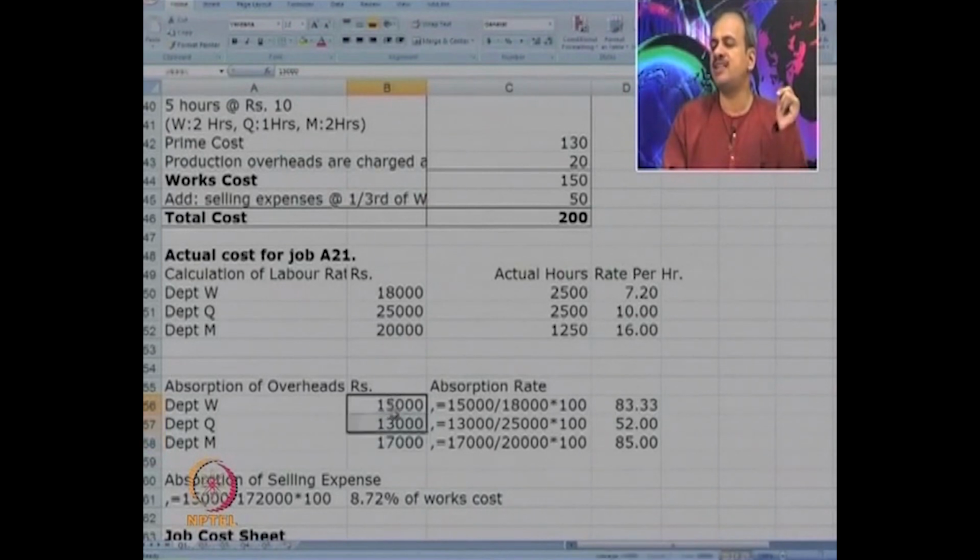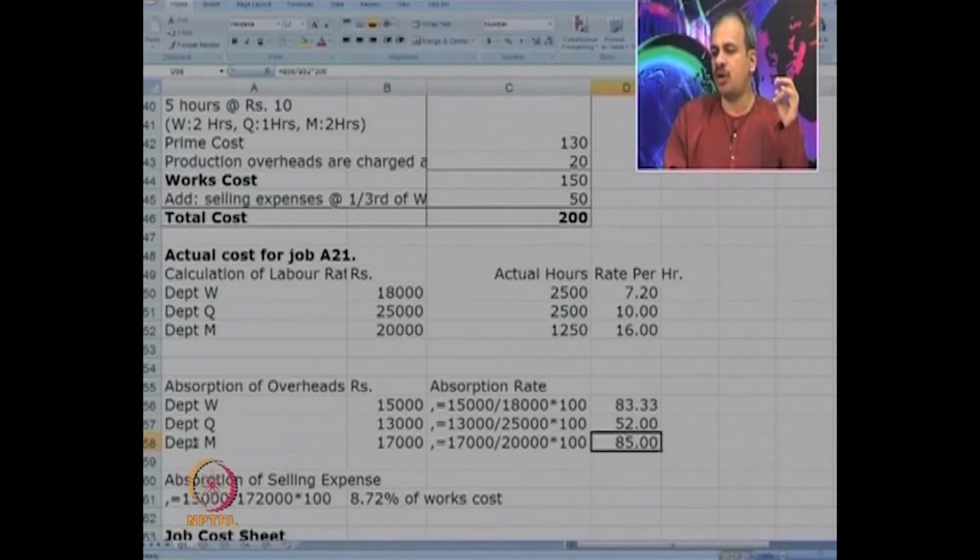So we are dividing this 15 by 18,000, which is the direct wage cost for department W. So 15 upon 18, we get 83%. In case of Q it is 52% and in the case of M it is 85%. So this is the percentage at which the overheads will be absorbed.